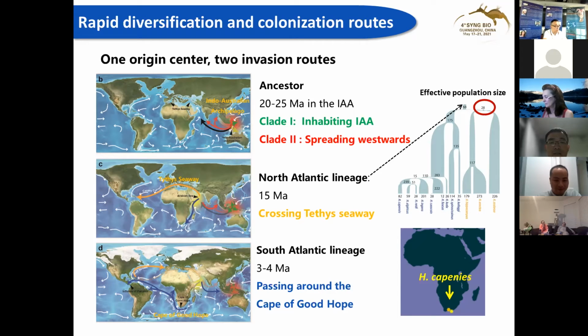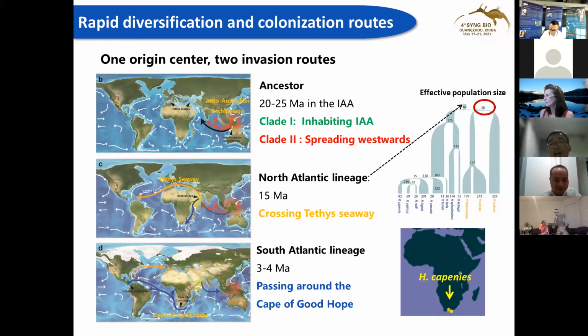As that, before 50 million years ago, the Tethys Sea was still open. The ancestor seahorses of the North Atlantic lineage had a chance to disperse across the open Tethys Sea into the Atlantic Ocean. And again, with the help of the ocean currents in the Atlantic Ocean, the seahorses dispersed further into the Gulf of Mexico.